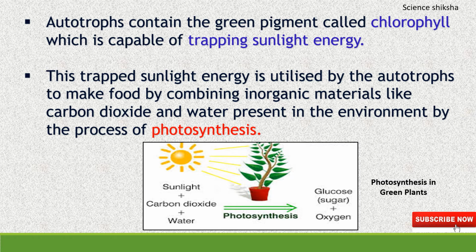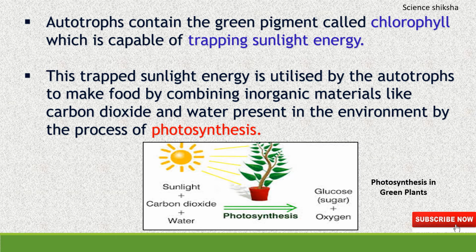Autotrophs actually contain the green pigment called chlorophyll, which is capable of trapping the sunlight energy. This trapped sunlight energy is utilized by the autotrophs to make food by combining inorganic materials like carbon dioxide and water present in the environment by the process of photosynthesis.